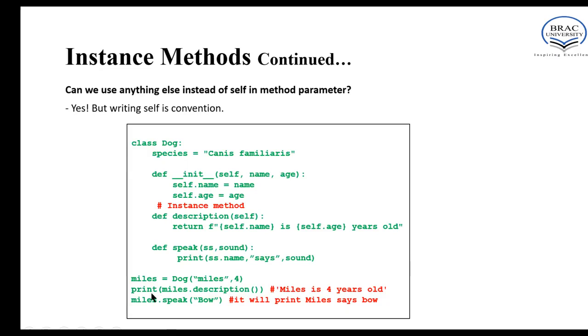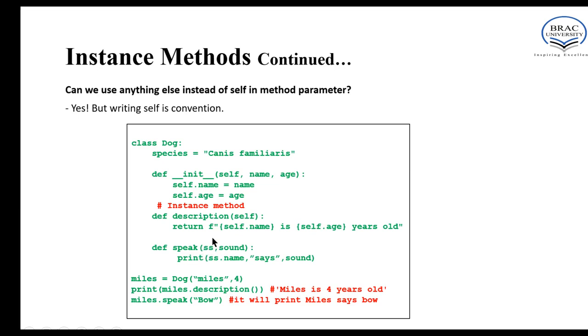So instead of writing self, you can write anything. Just like this is a method, def speak, and inside the parameter, instead of writing self, I have written ss. You must write something inside the parameter to carry the address of your object, but it is not mandatory that you have to write self. Instead of self, you can write anything here.